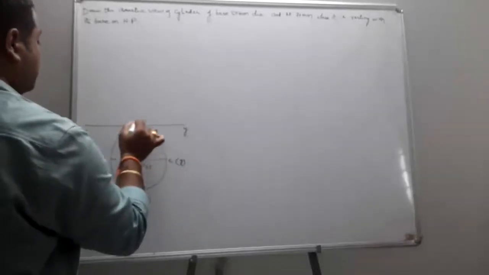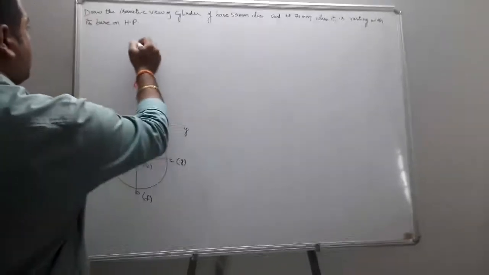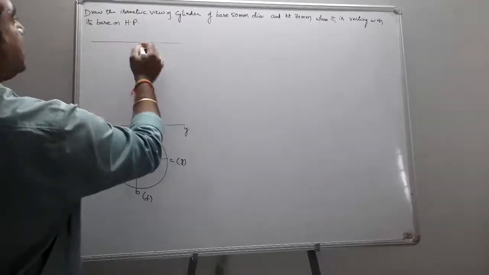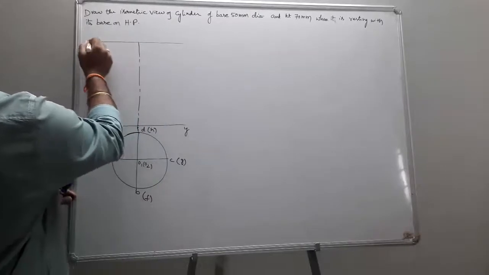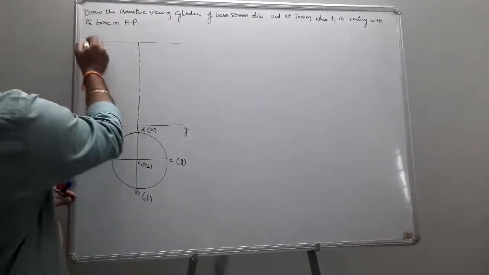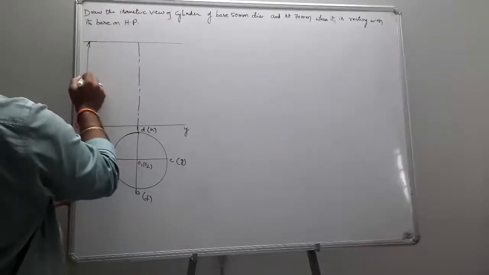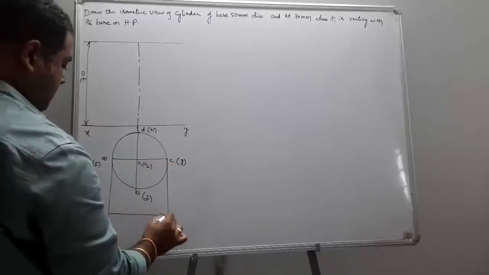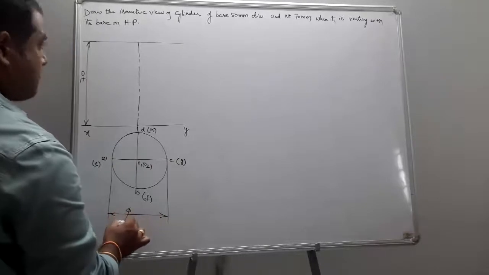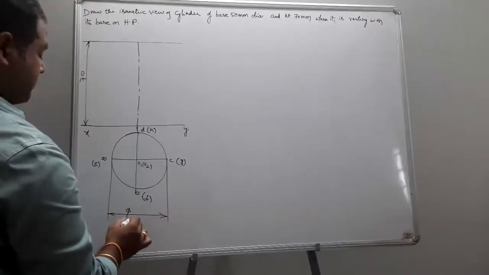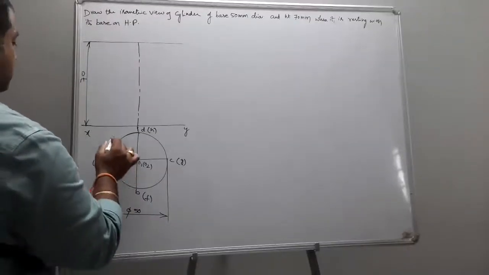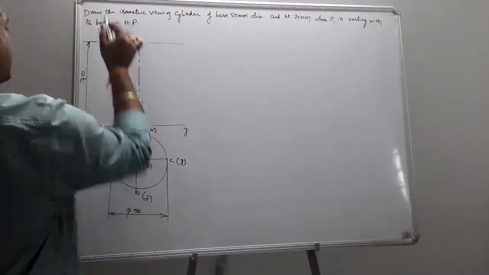What was the height of the solid? The height of the solid is given as 70, right? Diameter of base 50. So this was a cylinder, right?